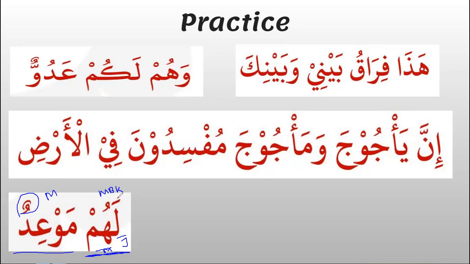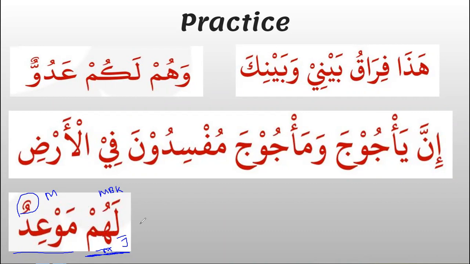So how are you going to translate them? Lahum is for, right? For them. Ma'ud is an appointment, a specific time. So for them is an appointment, or you can switch it.